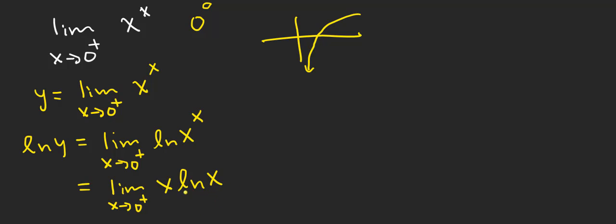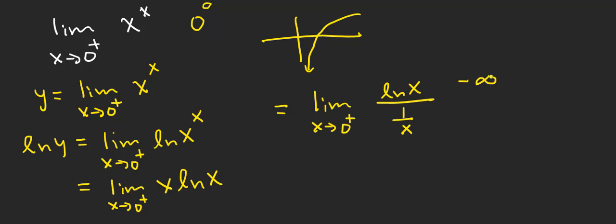And you cannot apply L'Hopital's rule yet. However, if you rewrite this as the limit as x goes to 0 from the right, natural log of x, and then you rewrite x as over 1 over x. And then plug in 0, what happens? It goes to negative infinity over, what's 1 over like 0? That's infinity. Now we could apply L'Hopital's rule.